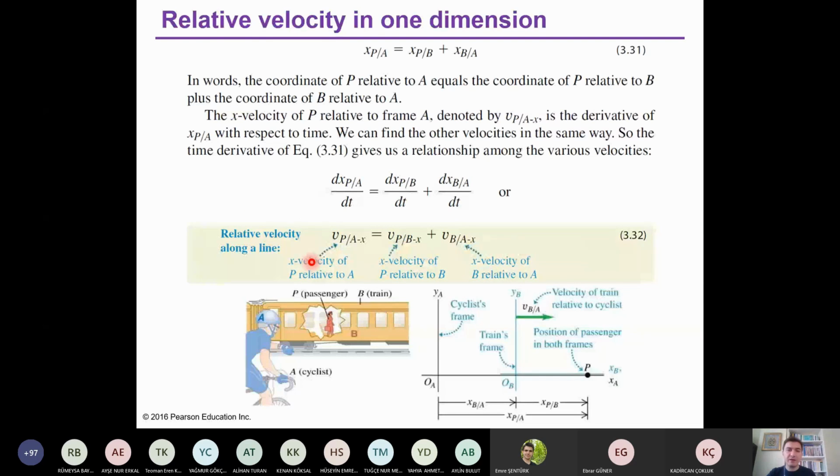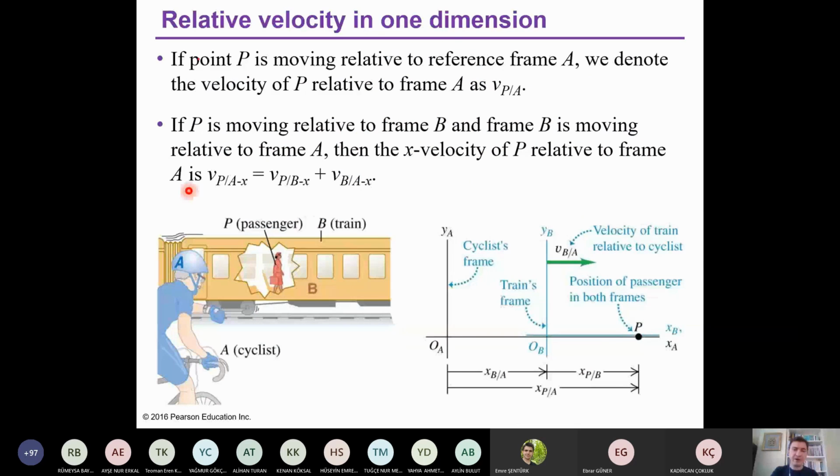What we have here: velocity of passenger relative to cyclist is equal to velocity of passenger relative to the train plus velocity of train relative to the cyclist. So this is a rule for relative velocity in one dimension. Do you have any question here? So this velocity is written by using this reference frame and by using this derivation.